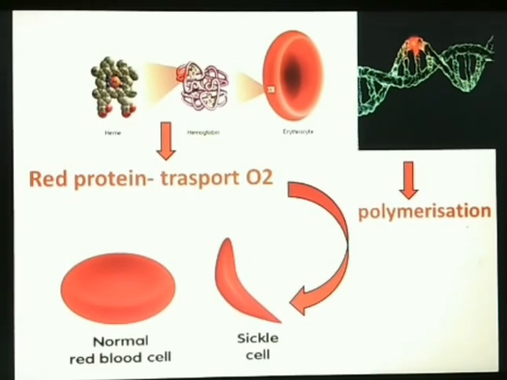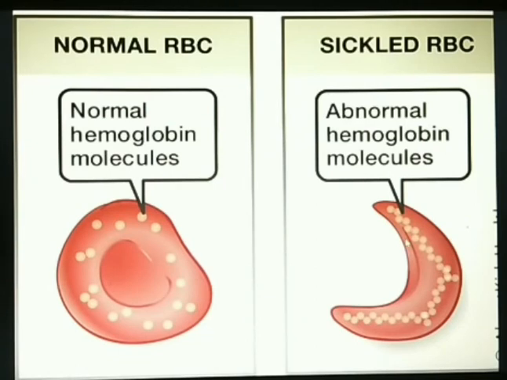This happens due to polymerization under low oxygen tension that changes the shape of the RBCs from biconcave cells to sickle-shaped elongated cells. These sickle cell hemoglobin molecules release oxygen due to low tension and therefore they tend to stick together.